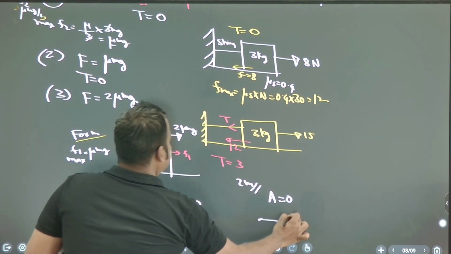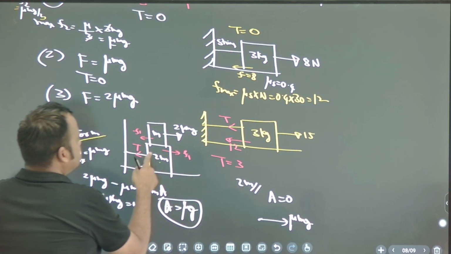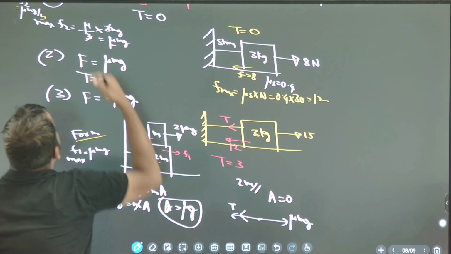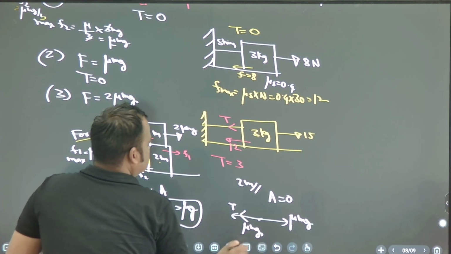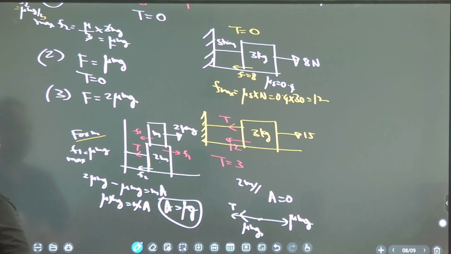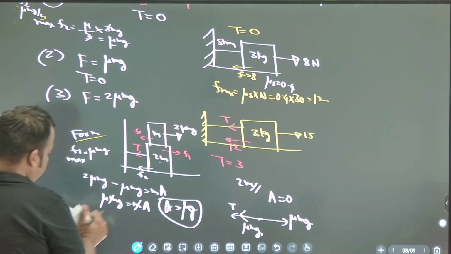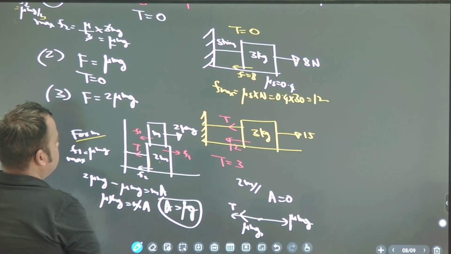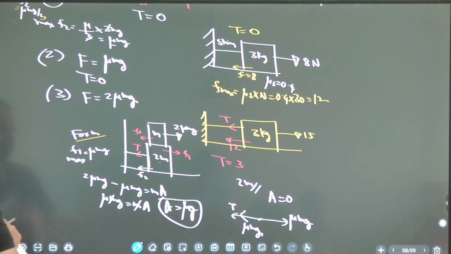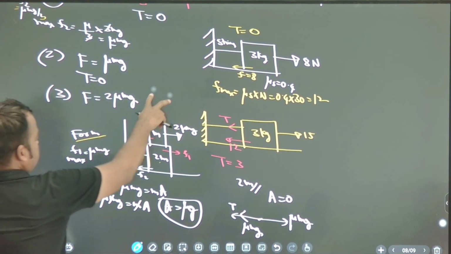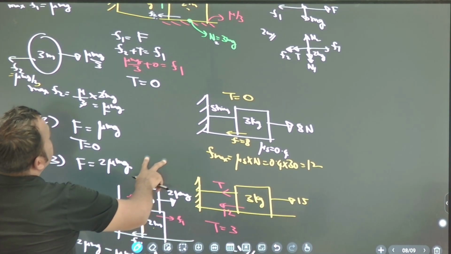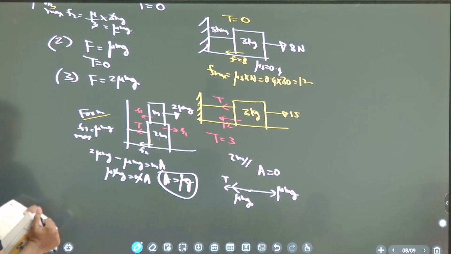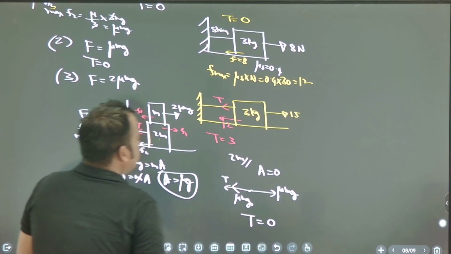For 2m, the right side is mu mg, the left side is tension, and the maximum value of F2 is mu mg. So tension is 0.